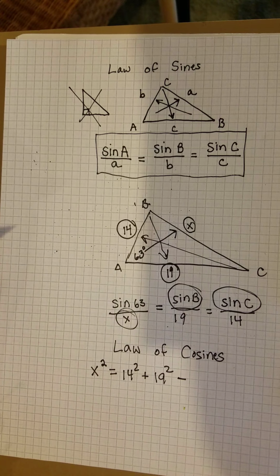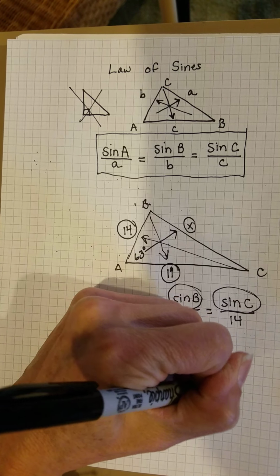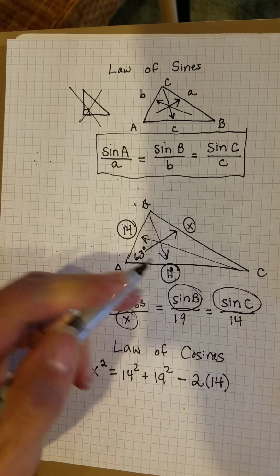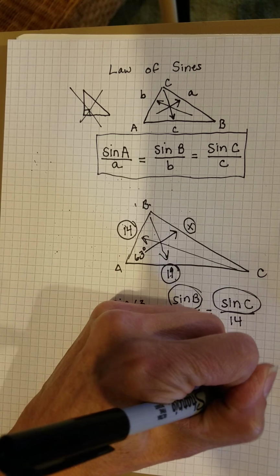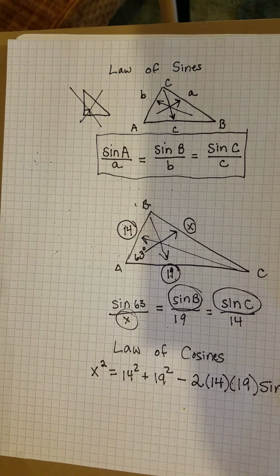Minus 2 times these two sides, times the cosine of the angle. That's what it is. That's called the law of cosines.